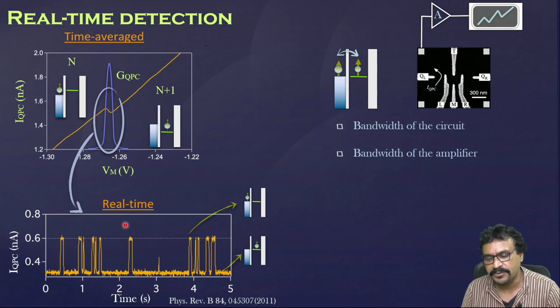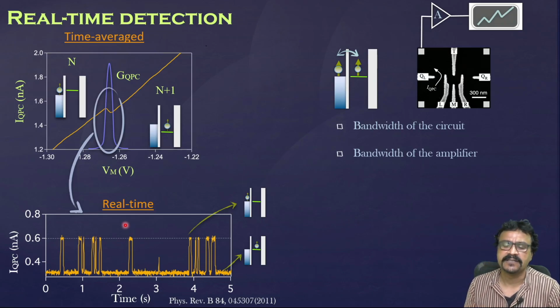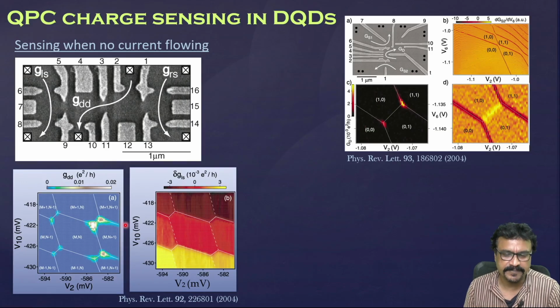So you need to do this measurement much faster than the dephasing time scales of the system. We have to refine this technique to measure the state in a much shorter time scale, and that is the take home message.